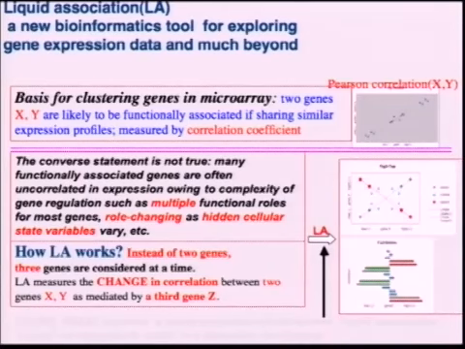One is the multiple roles most genes can play, and their roles can change. There are some hidden variables or hidden state changes. And liquid association, as depicted in this little diagram here, tries to capture the hidden changes.